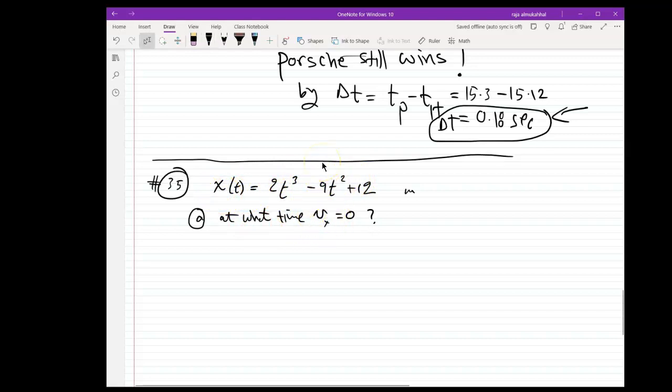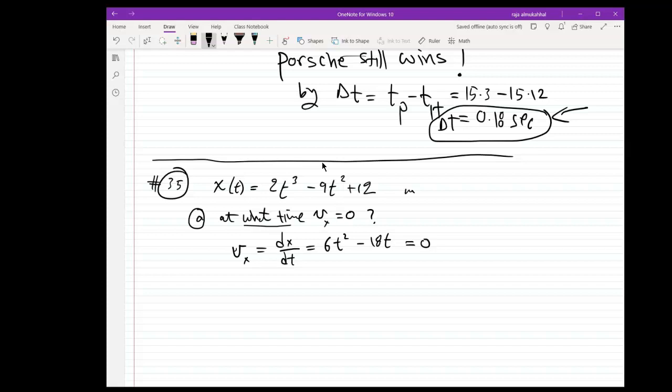Well, velocity is defined as v sub x equal to the derivative of that, right? So the derivative dx/dt. So that will be 6t squared minus 18t. Is that right? And there we go. So he said, at what time is v sub x 0? So all I need to do is what? Equate it to 0, so make it equal 0 to get that time.